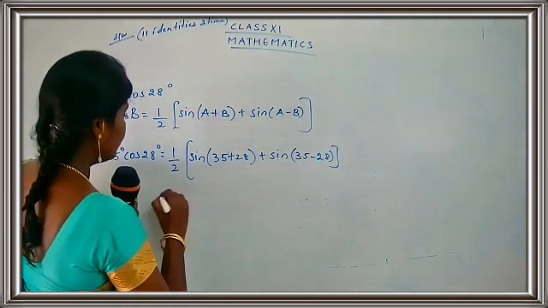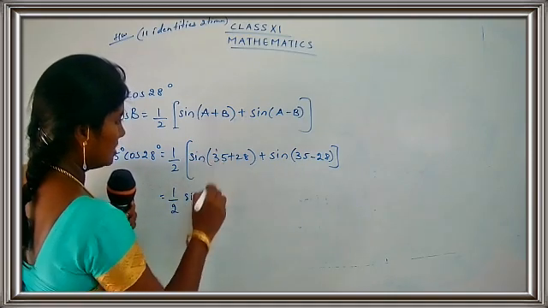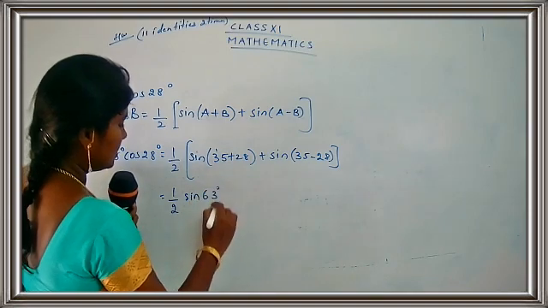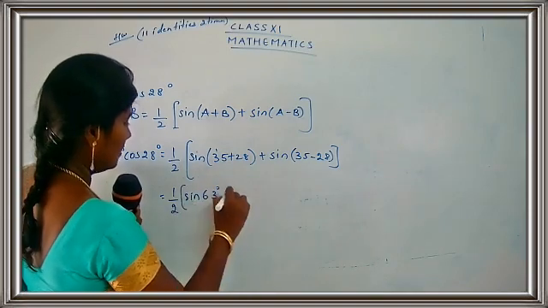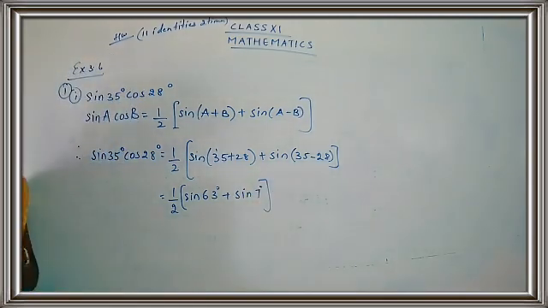Okay, done. So the answer is half of sine 63 plus sine of 7 degree. Do not add 63 and 7. We cannot add 63 and 7.